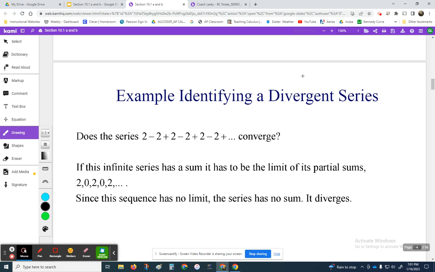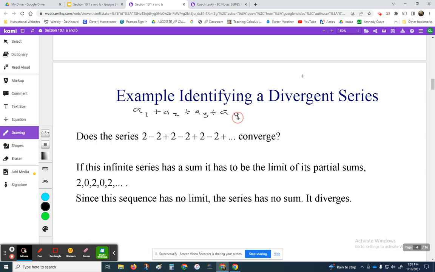Now we've got to come up with this idea of a series. If you just put these together by grouping, you'd end up with 0, 0, 0. But that really doesn't give us the idea of an infinite series, because the infinite series shows us that it's a1 plus a2 plus a3 plus a4.